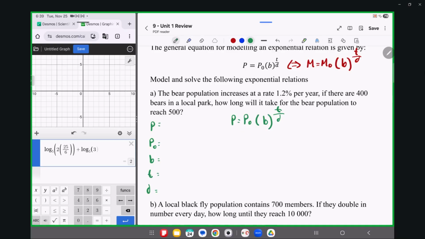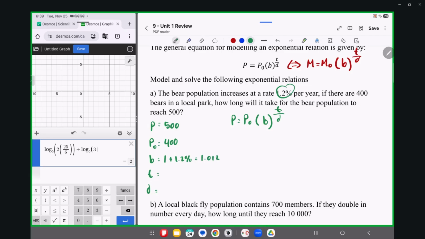Okay, so P, how many bears we're going to end up with? Well, that's 500. How much did we start with initially? There's 400 of them. Our B value is the base. So the base is a percentage here. So it's going to be 1 plus 1.2%, which as a decimal becomes 1.012.